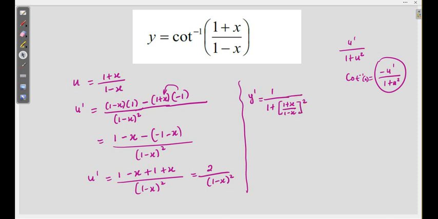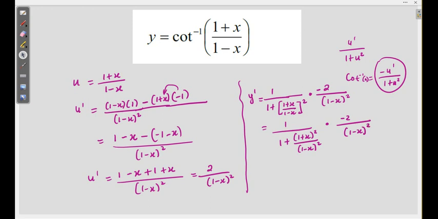We say all squared because it says 1 plus u squared, so u is the whole thing, so we square it, and then we say multiplied by negative of the derivative, which means negative 2 all over 1 minus x all squared, right? We start here, then we simplify. At the bottom we're gonna have 1 plus x all squared, you divide by 1 minus x all squared, then we would multiply by negative 2 all over 1 minus x all squared.